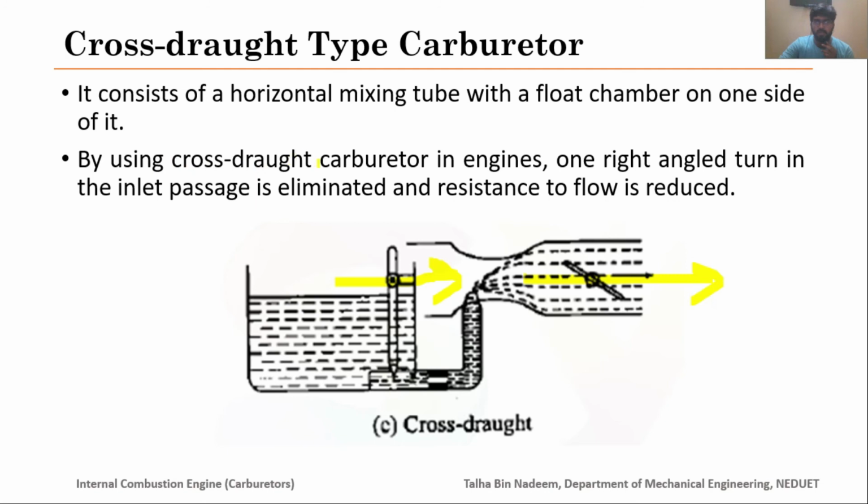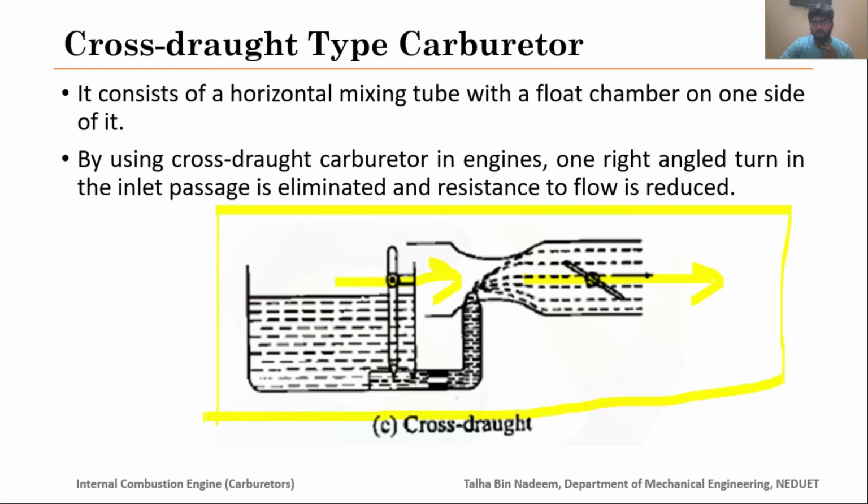I mentioned earlier that by using this cross draft arrangement, resistance to flow has been decreased because of the elimination of some additional inlet passages. The resistance to flow has been reduced, so the pressure drops in these carburetors are relatively lower as compared to the previous two.